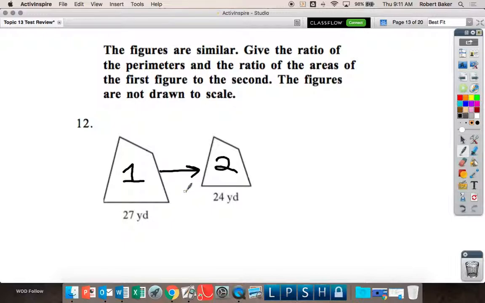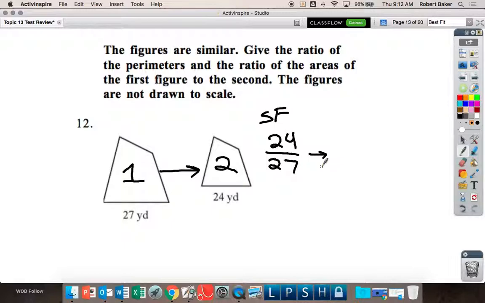Right? Our scale factor has to go from, how do we get from the first shape to the second shape? So is the shape getting bigger or smaller? So that means that our ratio has to be a number less than 1. New over old. So this is our scale factor. And you can simplify this scale factor by reducing the fraction. I think it's like 8 over 9.